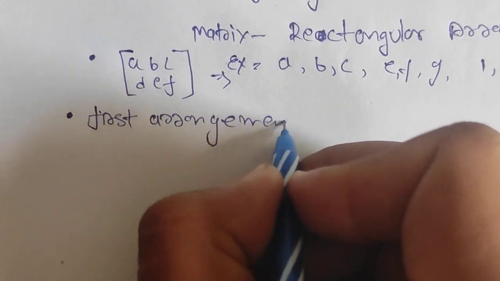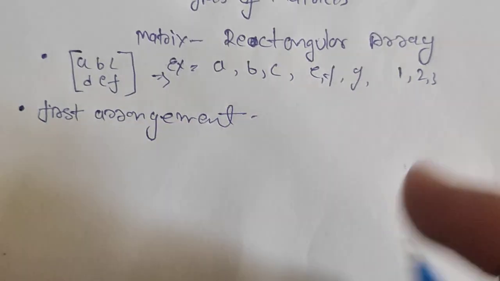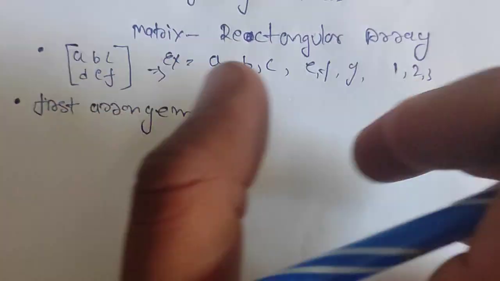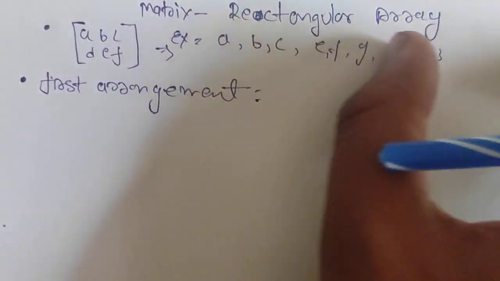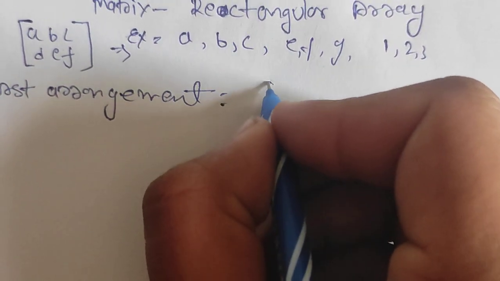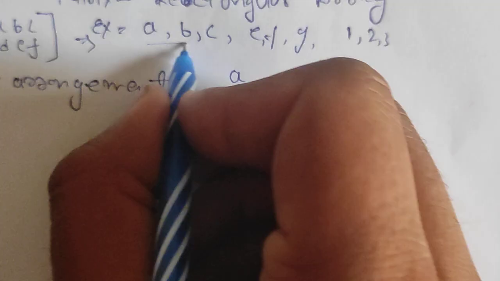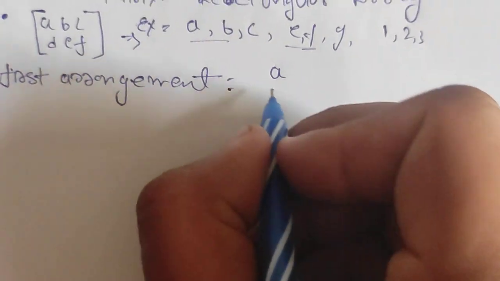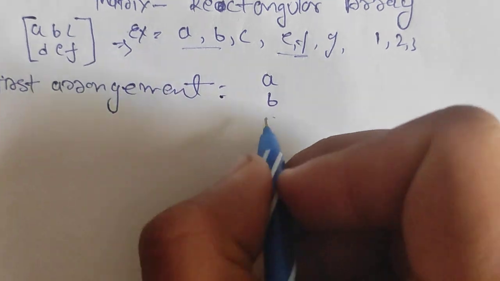If I arrange all these numbers into one row, then what has happened?